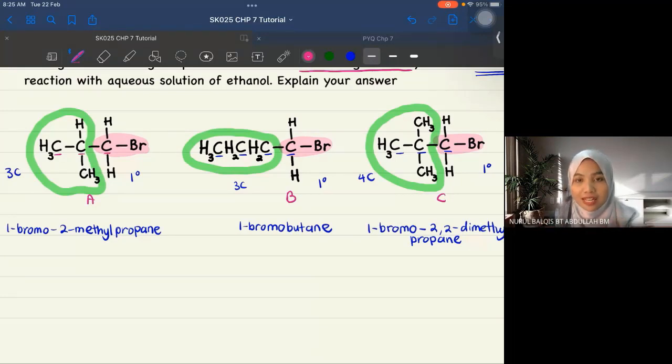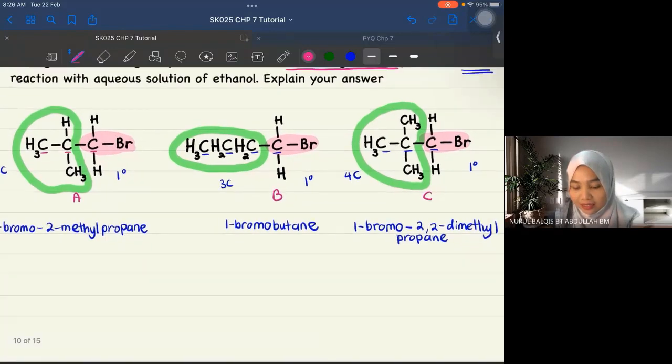Kalau saiz dia besar, ruang yang tinggal sikit ke banyak? Sikit. Jadi sekarang ni kalau kita nak susun this trend, decreasing reactivity makin ke kanan, makin sikit ruang yang tinggal. Faham? Jadi siapa yang paling sikit ruang dia antara A, B dengan C?